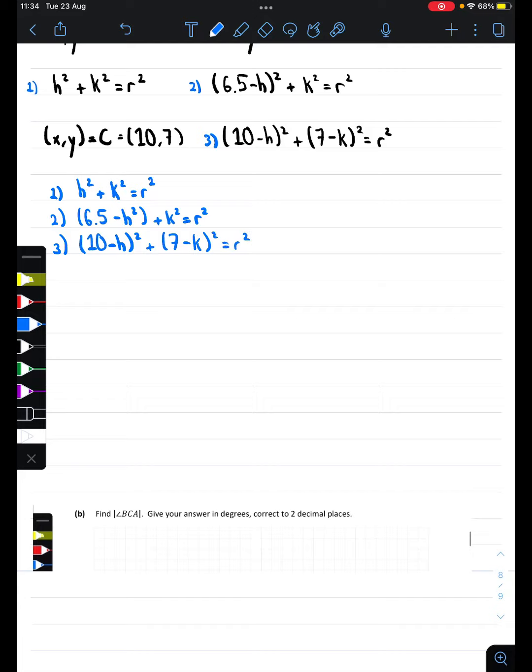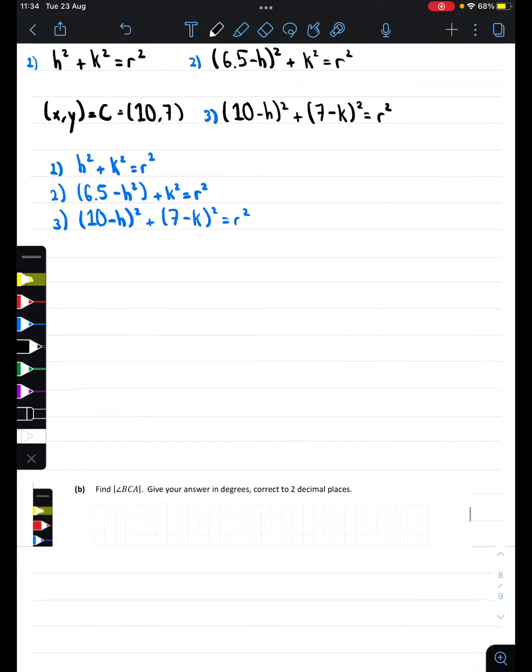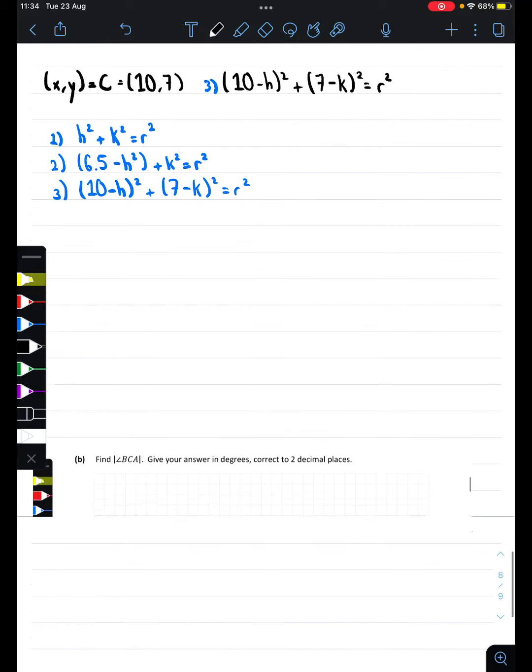Okay, so now we have this system of simultaneous equations, and we want to solve for h, k, and r. We notice we have a k squared here and a k squared here.